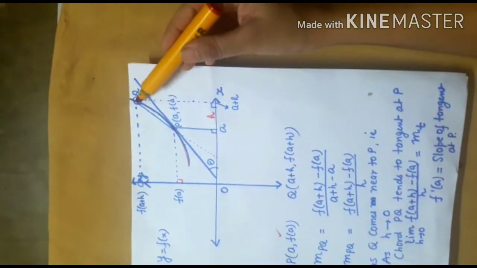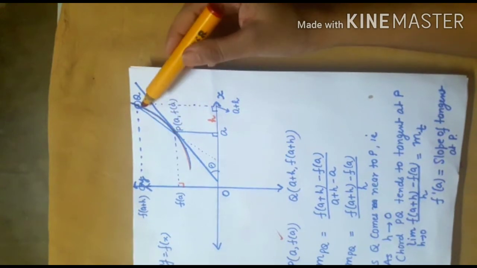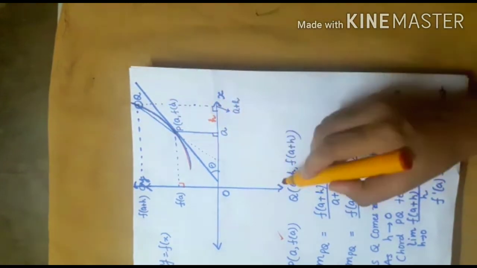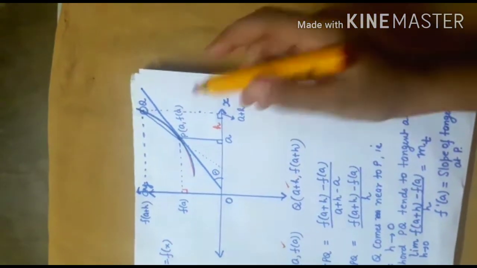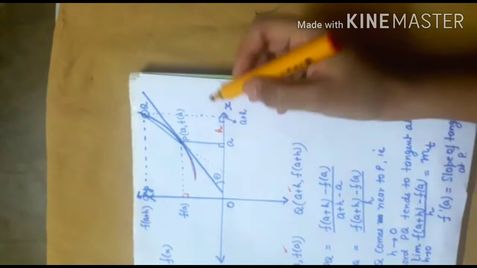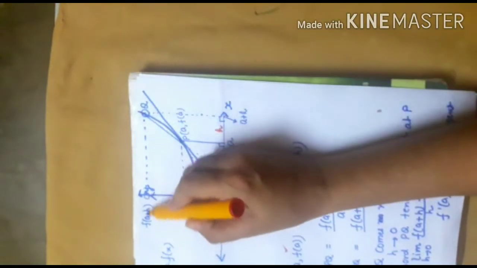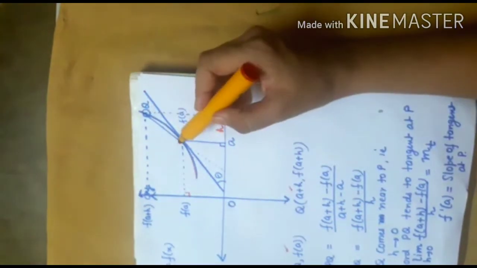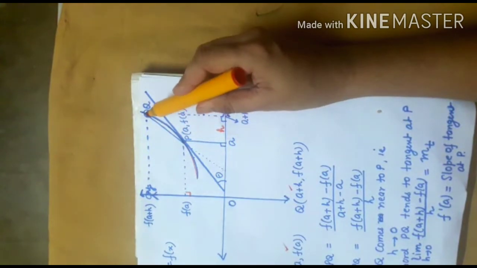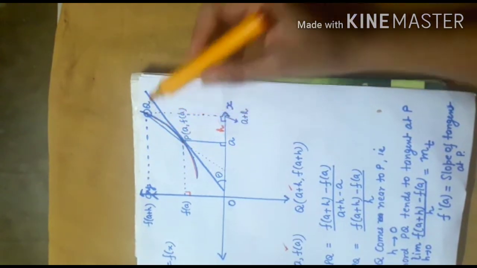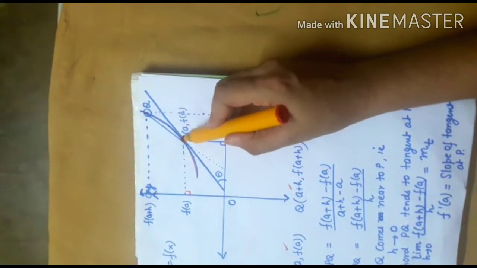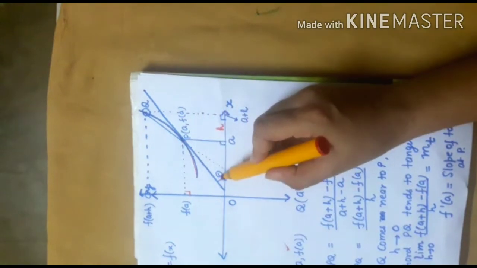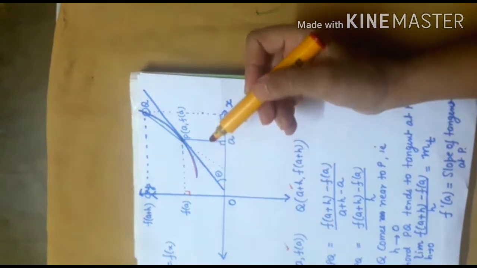Q is a neighboring point on this curve with coordinates (a+h, f(a+h)). So this point will be a+h and this will be f(a+h). I have joined the points P and Q to get the line PQ, and this line is a secant to this curve drawn through the point P with angle of inclination theta, right?